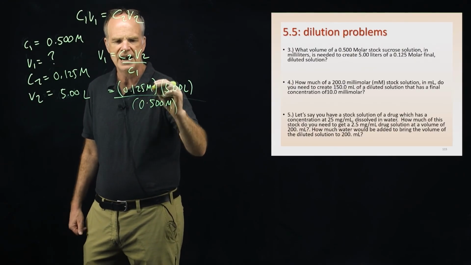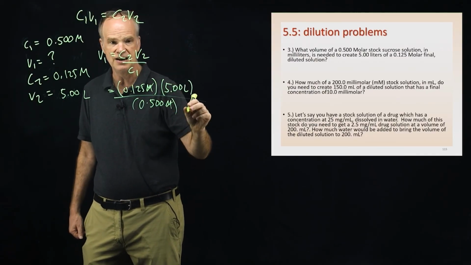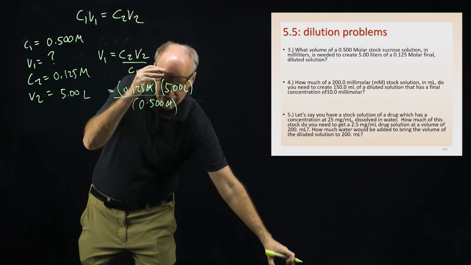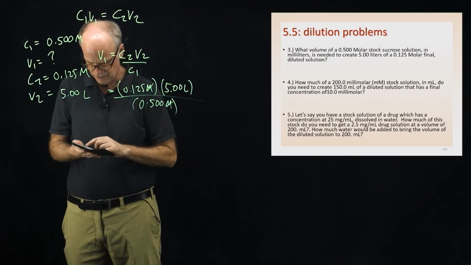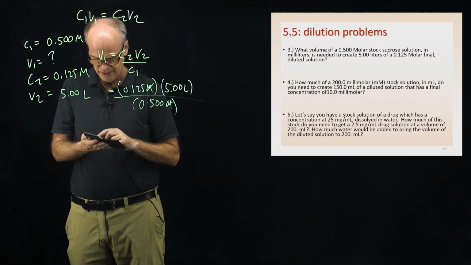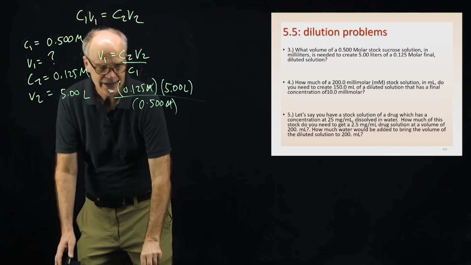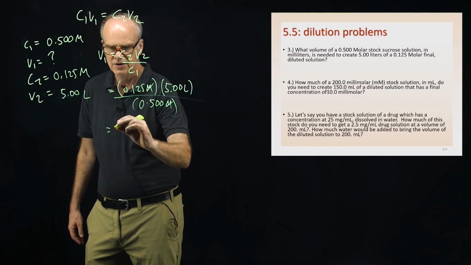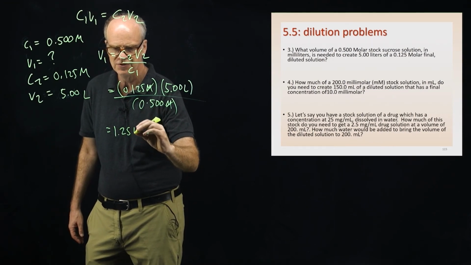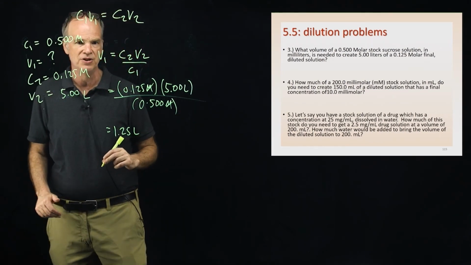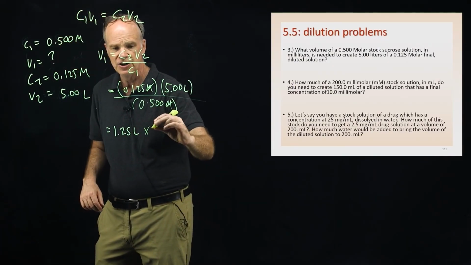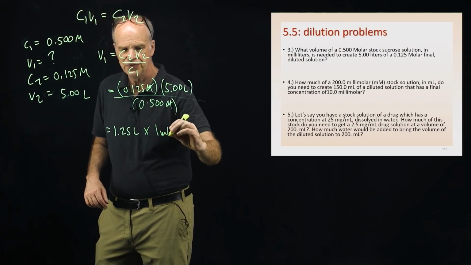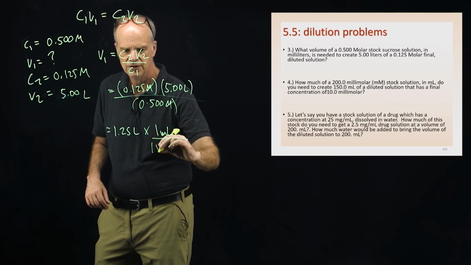So let's see where we're at. The molars cancel, so we should get an answer in liters. So it's going to be 0.125 times 5 divided by 0.5. So at this point I get 1.25 liters, but we want the answer in milliliters, and so you will have to convert this to milliliters. So what I recall is I might use this fraction here. This should work.